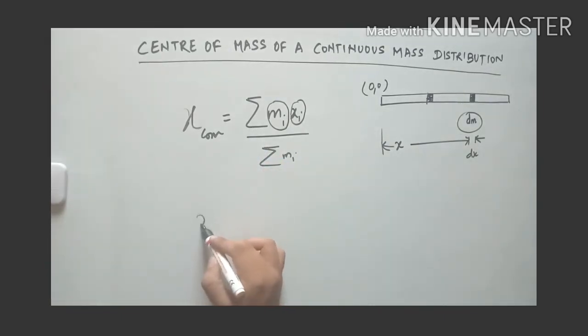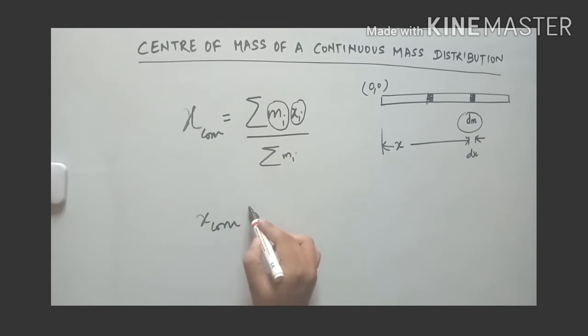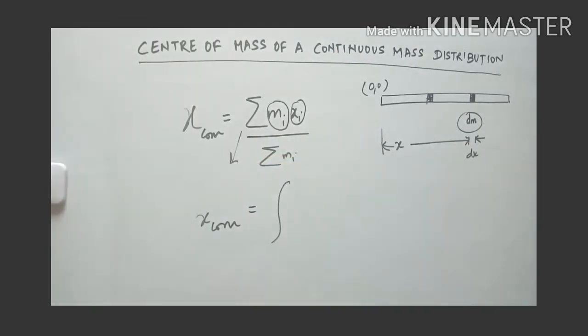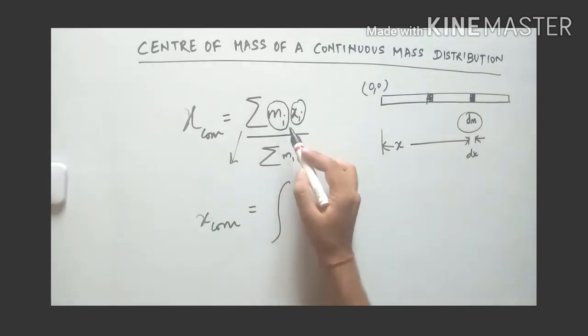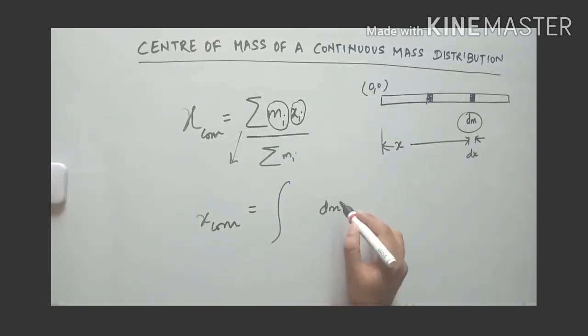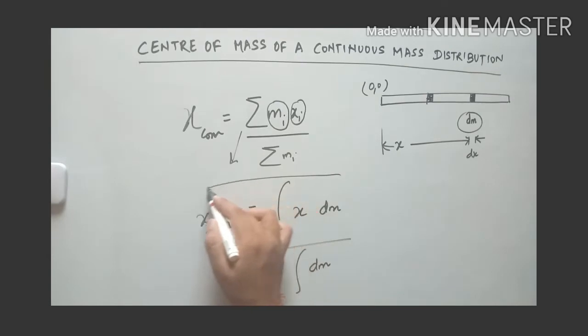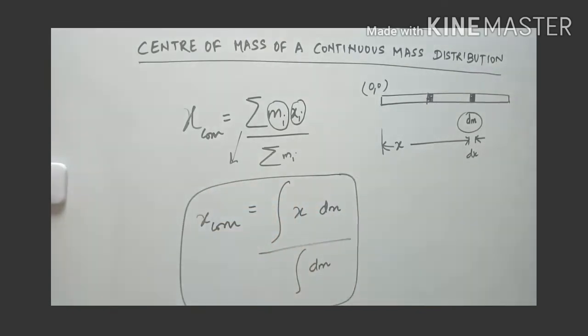So if I want to modify this formula for a continuous mass distribution, I'll have to replace the summation by an integration, replace mi by dm and replace xi by x, divided by, again, integration of dm. So this is the formula which we are going to use for a continuous mass distribution.